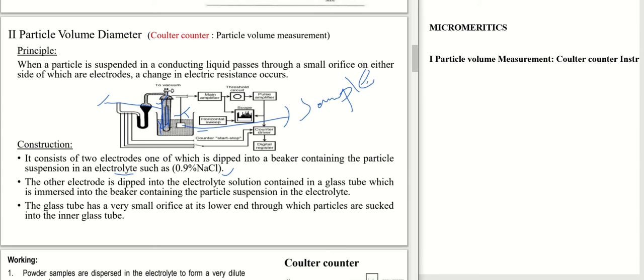At the bottom of this glass tube we have a small pore or orifice. This whole glass tube is connected to a vacuum.